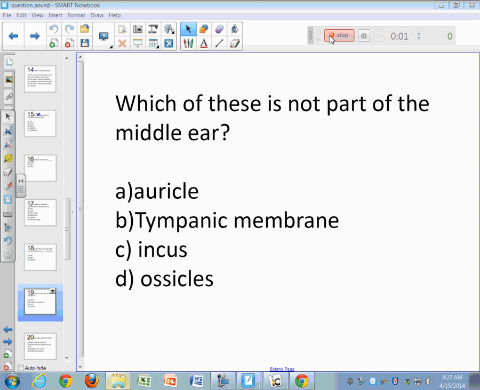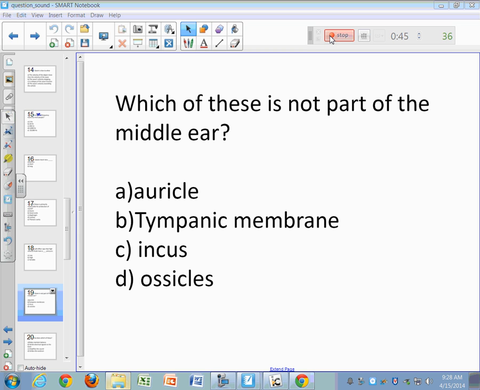All right, which of these is not a part of the middle ear? All right, just a few more seconds.